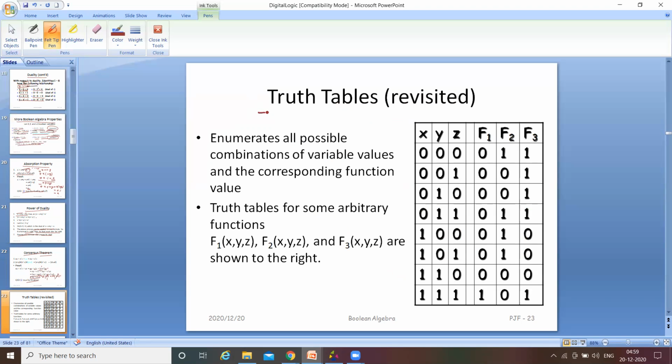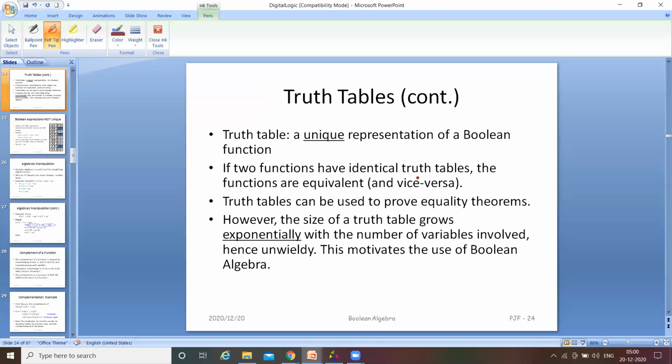Truth table enumerates all possible combinations of variables and the corresponding function values. Here is a truth table for some arbitrary functions of x, y, z: f1, f2 and f3 shown right here. A truth table is a unique representation of a Boolean function.